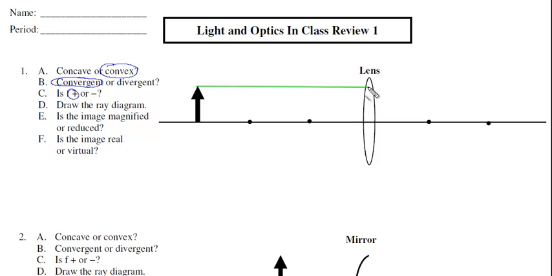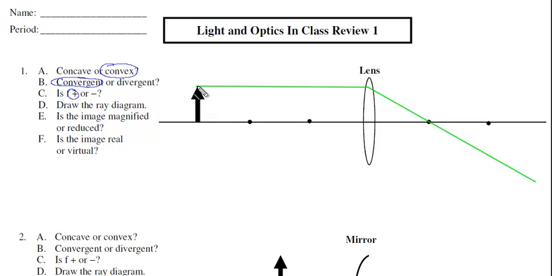Okay, so we go parallel to the middle of the lens, and then from there we pass through the focal point on the real side. Okay, so it should look something like this. That's for the first ray.